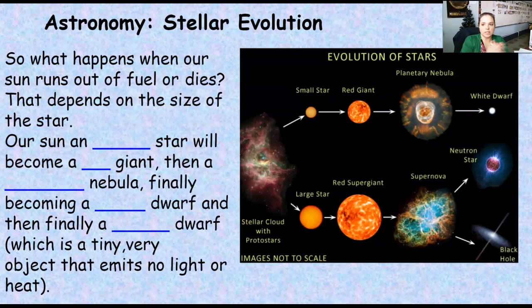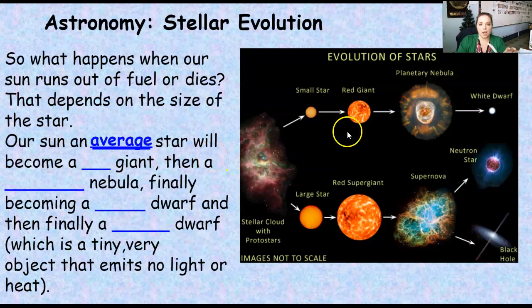Okay, so let's look at this evolution that we're going on about. What happens when our sun runs out of fuel and dies? Well, any star, it would depend on the size of that star, what would happen to it. So our sun is an average star. It's right in the middle.